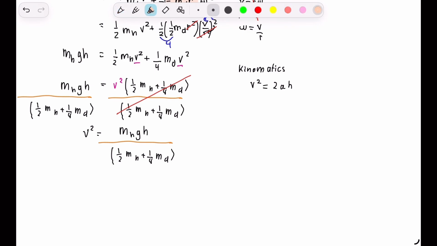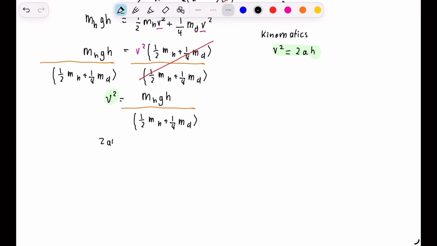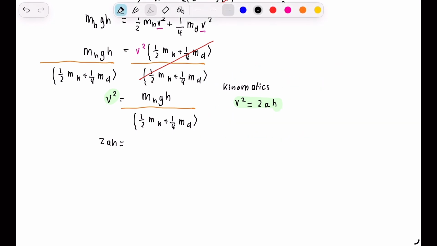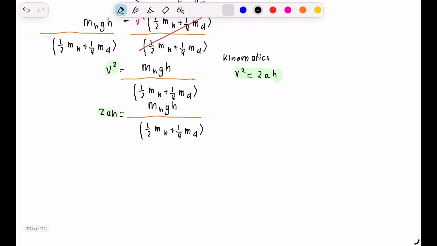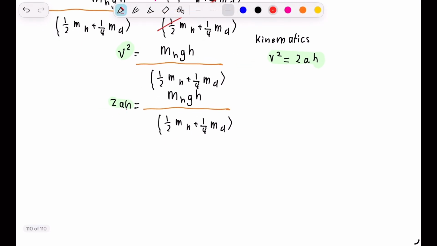So if we know that, we can actually substitute this in for V squared on this side, giving us 2AH is equal to this expression. After this, we see we have H on both sides in the numerator, so you can cancel that H out.